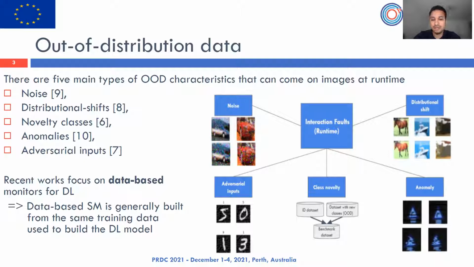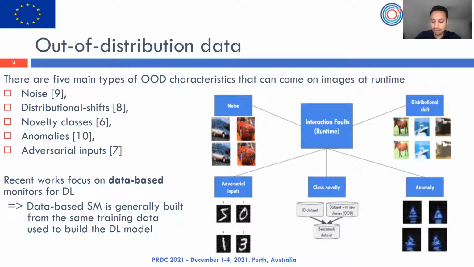Novel classes, that are new classes that your machine learning model hasn't seen during training. Anomalies: even though we have a lot of different definitions for anomaly, we are considering here anomaly as something where you cannot use the image to make any prediction, because of sensor errors, and adversarial inputs, that in this case can be handcrafted to fool your machine learning model.